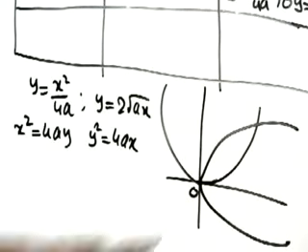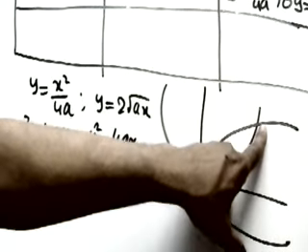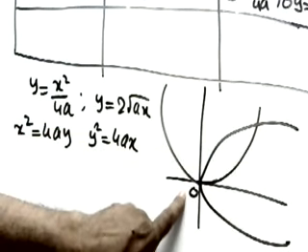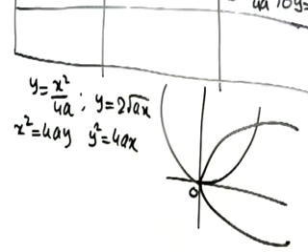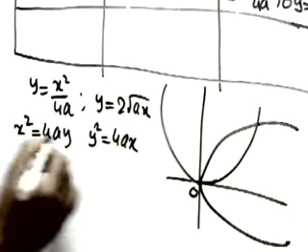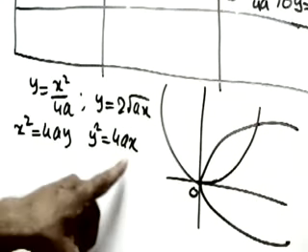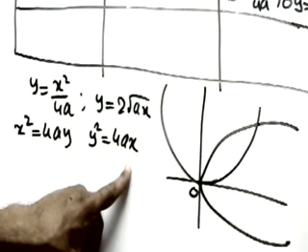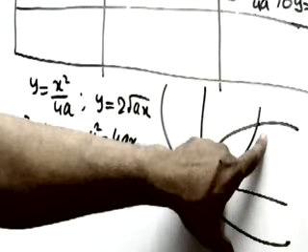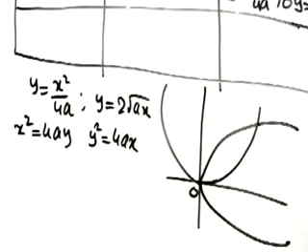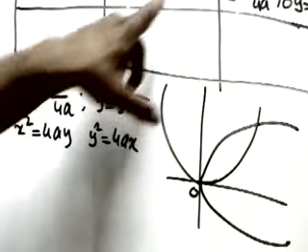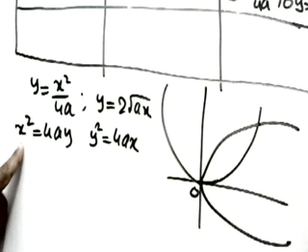Now this is the origin. The next step is we must also find the points from here to here. This is the origin, but here also we have to solve for the point of intersection. For that, let me solve this too. Take this from here and substitute here. We have to get the values of the points of intersection.